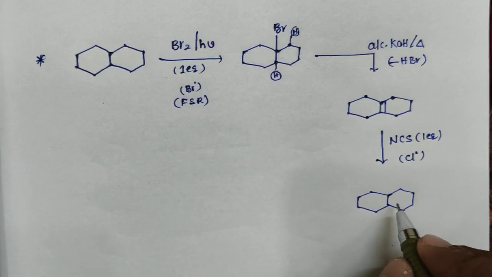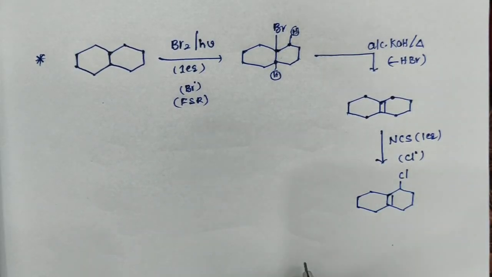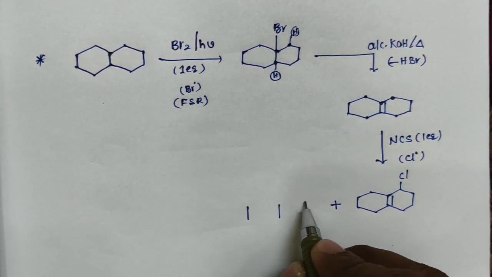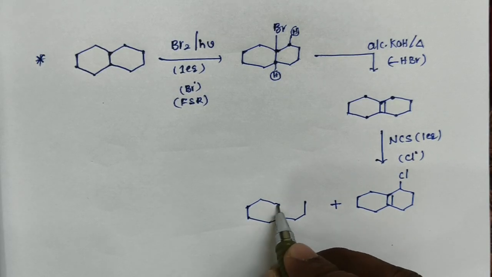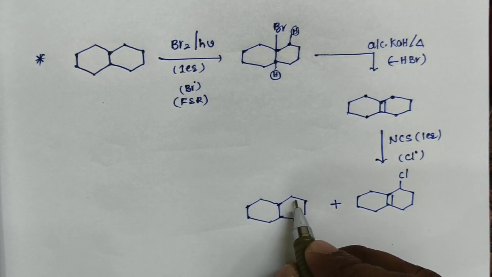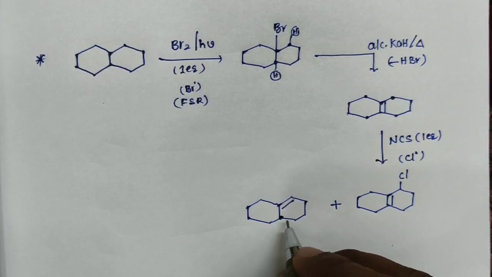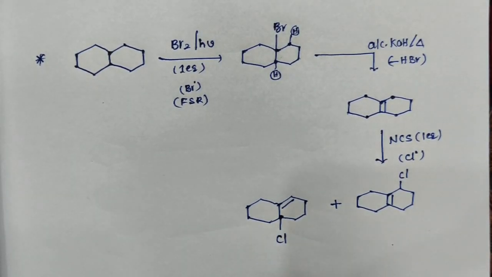This is one kind of condition: here is the double bond, this is the allylic position, chlorine attacks here, and this is one kind of product. Next is another type of product after resonance: here only one resonance form develops, the free radical develops, and now chlorine attacks here. So these are the two types of products it gives.